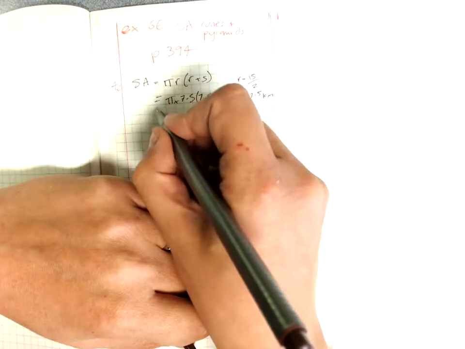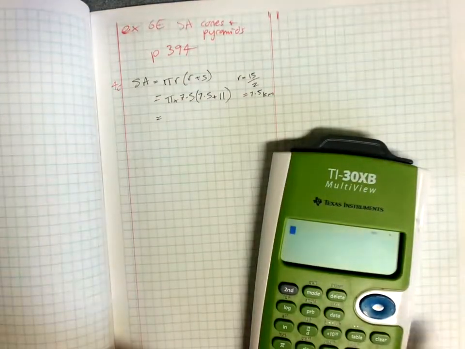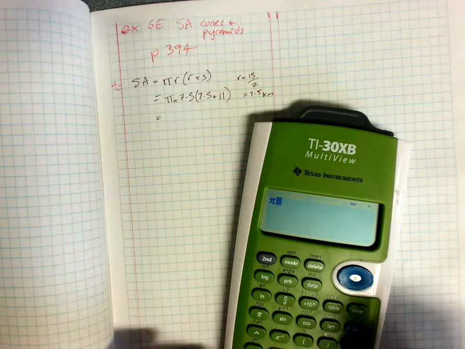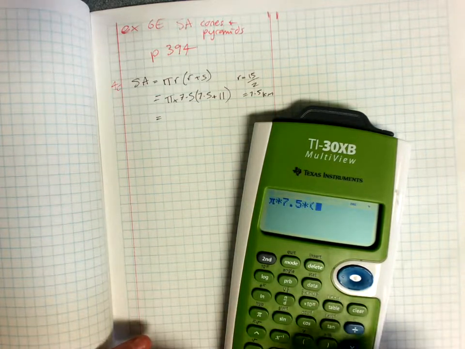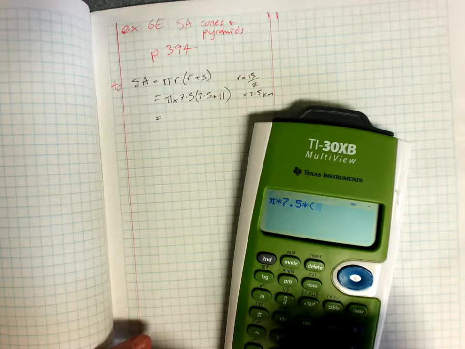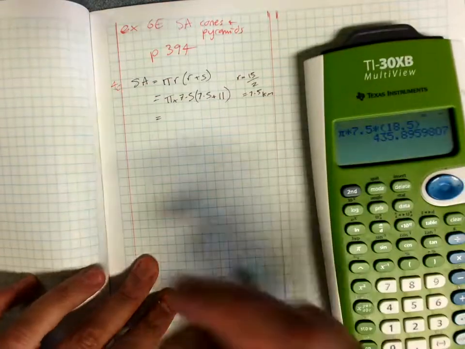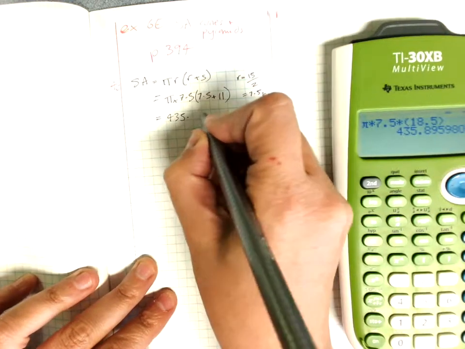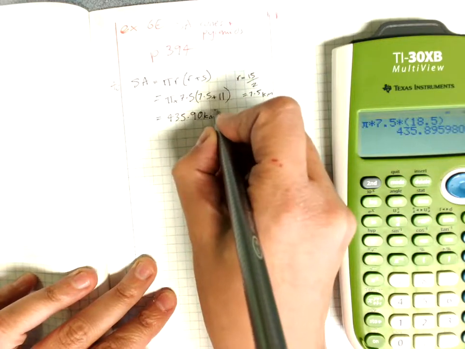Adding the slant height. At that point I would just evaluate. Two decimal places. 89 goes to 90 kilometers squared.